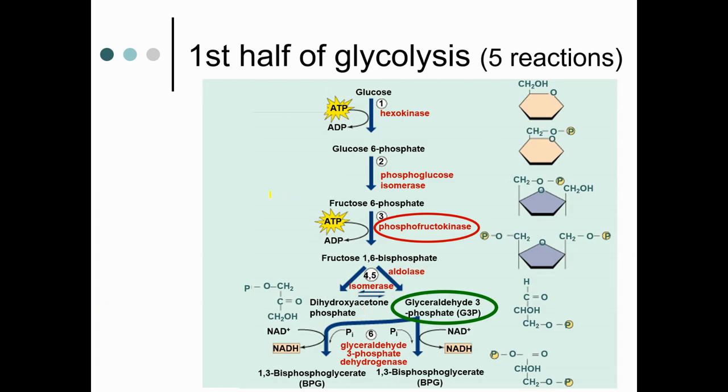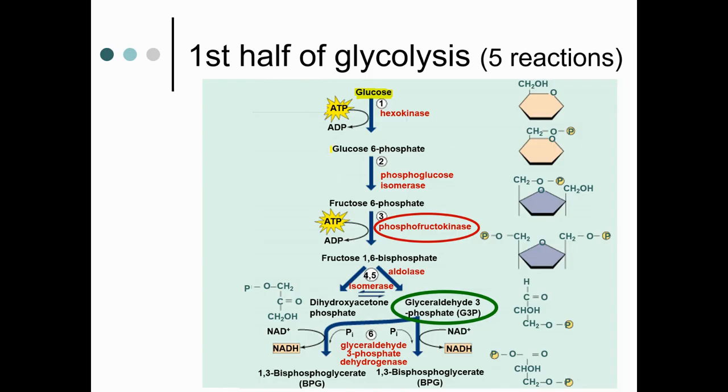All right, so here's the first half. Now, one of our essays is going to be something similar to this, okay? So I just want to point out a couple of things, and I'm going to do this again when I talk about your essay. All right, notice we're starting with glucose. So this is just the first 5 steps, okay? Here you have ATP going in a couple of these reactions.